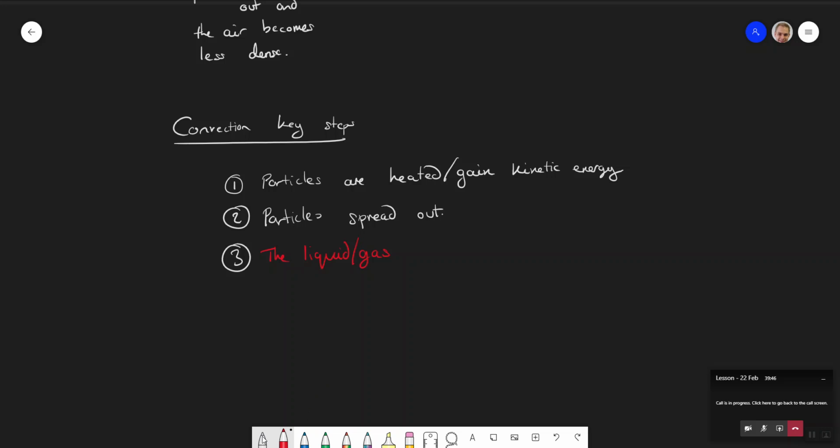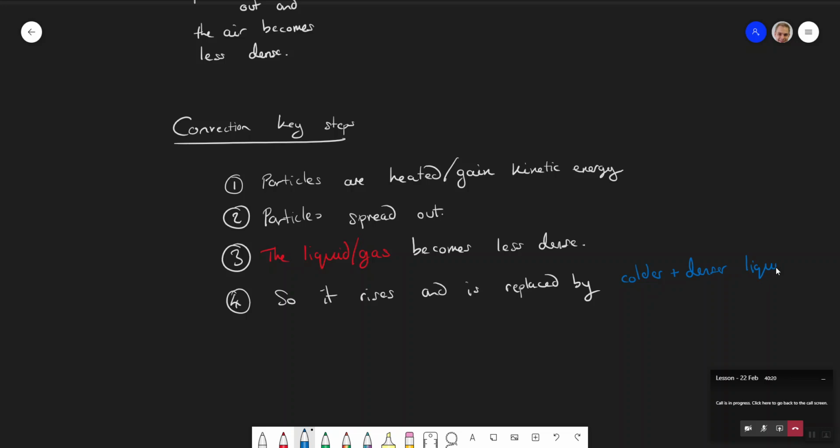So the liquid or the gas becomes less dense, so it rises and is replaced by colder and denser liquid or gas.